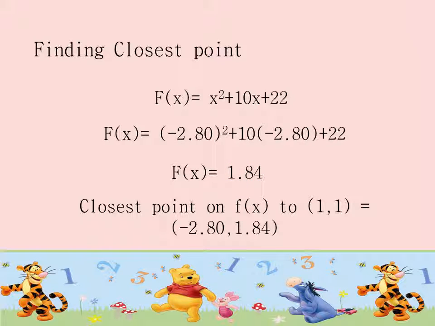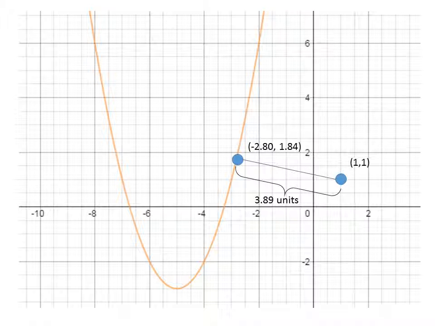This leaves the point (-2.8, 1.84) as the closest point on f of x to the point (1, 1). Just to help visualize, we have provided the 2 points and the distance between them on the graph.